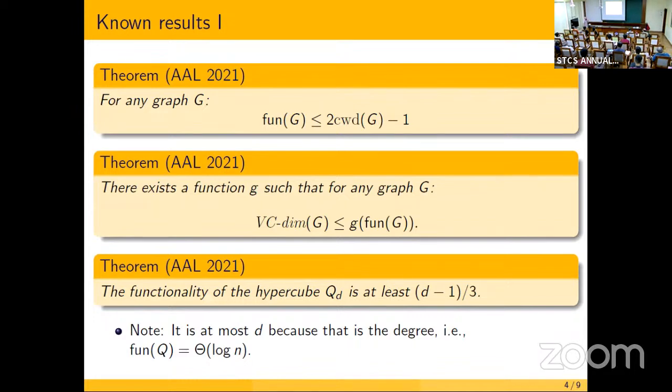It means that the functionality of the hypercube is log n, because the hypercube has 2 to the D vertices.